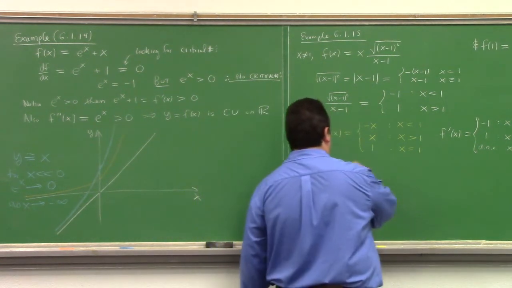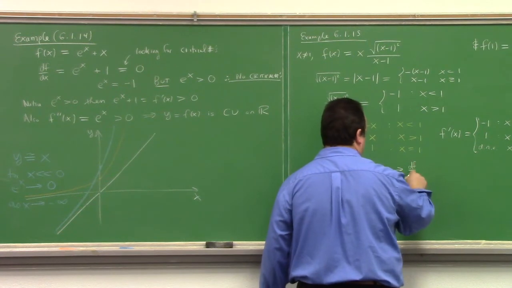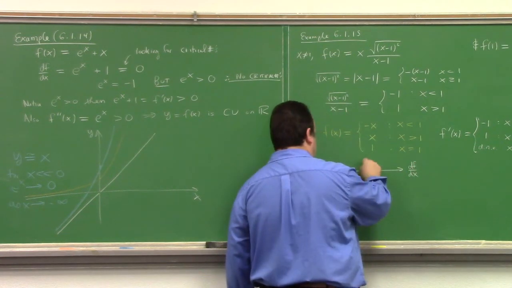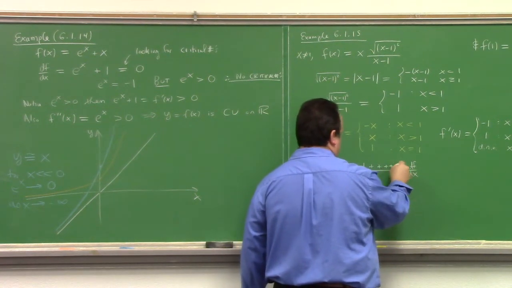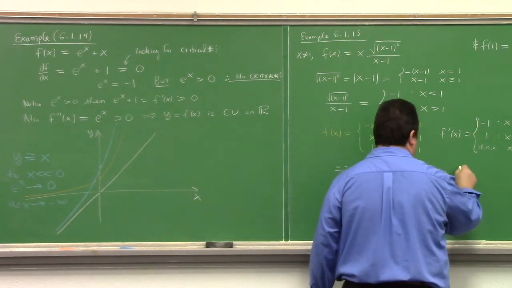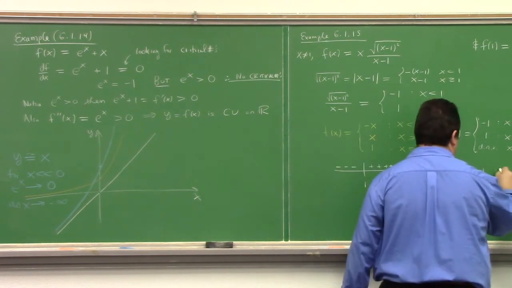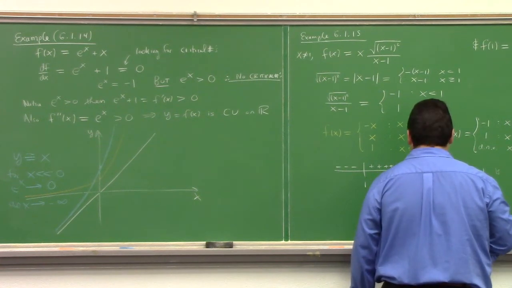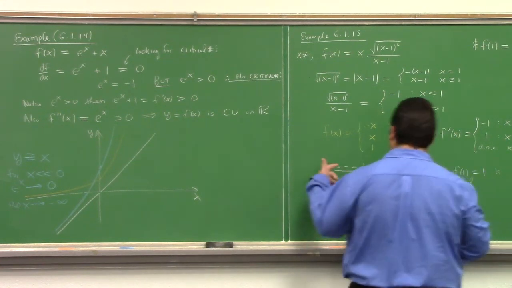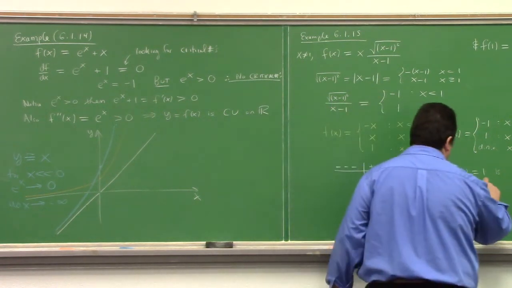I mean, we could draw the sign chart. It's minus over here, it's plus over here, so that would seem to say that f of 1, which is equal to 1 by the way, is a local min, right?